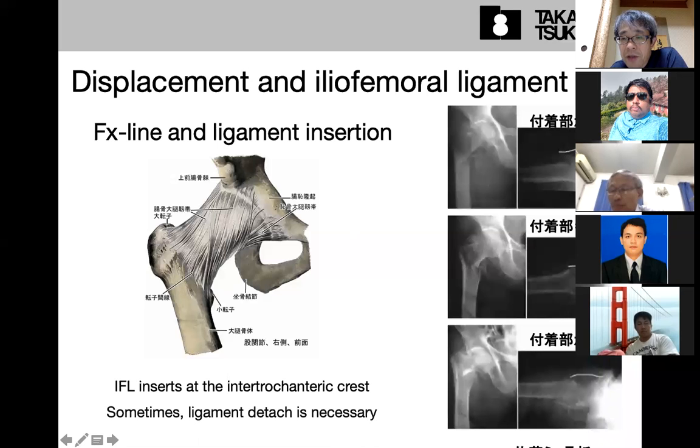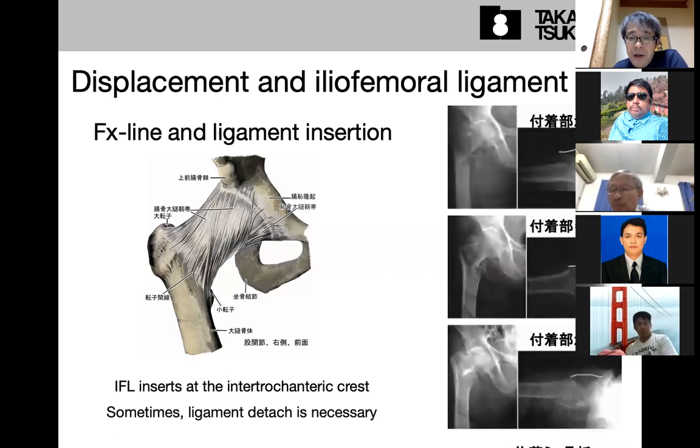Because of the tension of this ligament, this fragment can displace anteriorly. It is quite difficult to reduce without detaching this ligament. So if there is an intact insertion of the iliofemoral ligament, this displacement is very difficult to reduce.